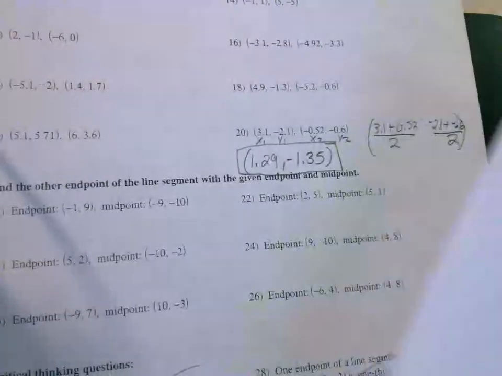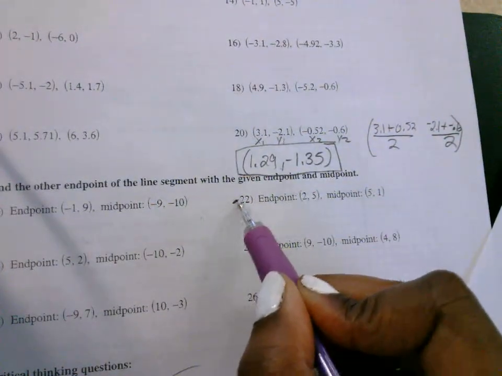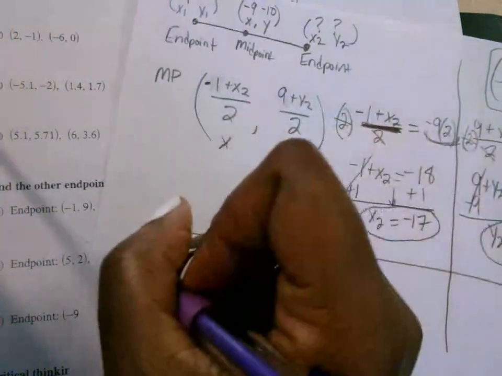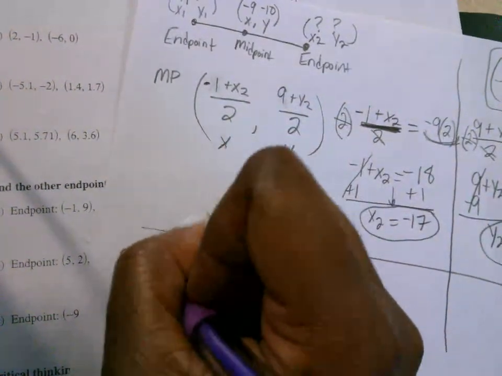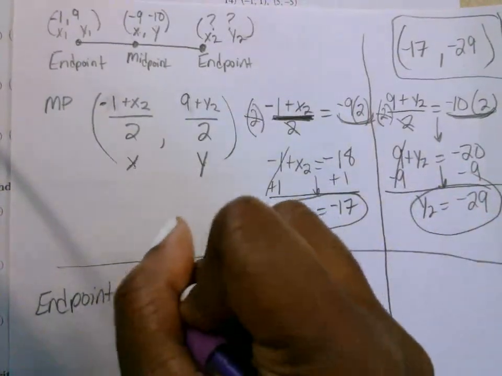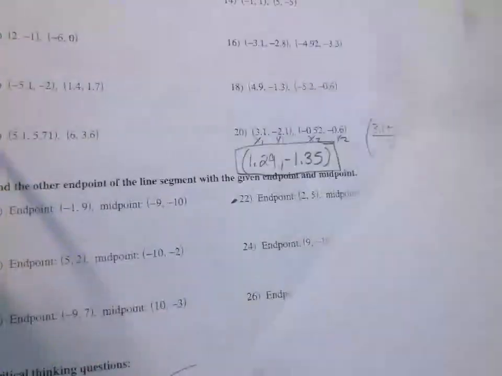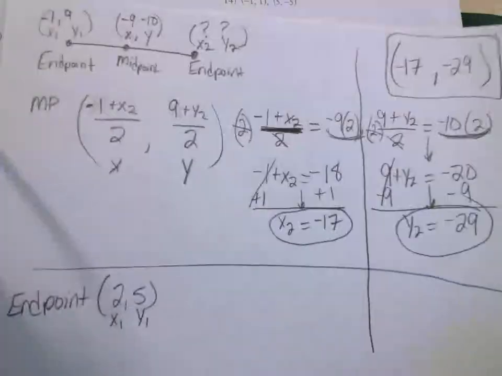Okay, so let's do the next one. Endpoint. We're gonna do this one right here. Okay, number 22. The endpoint for that one is 2, 5. This is my x1, y1. And they give you a midpoint.